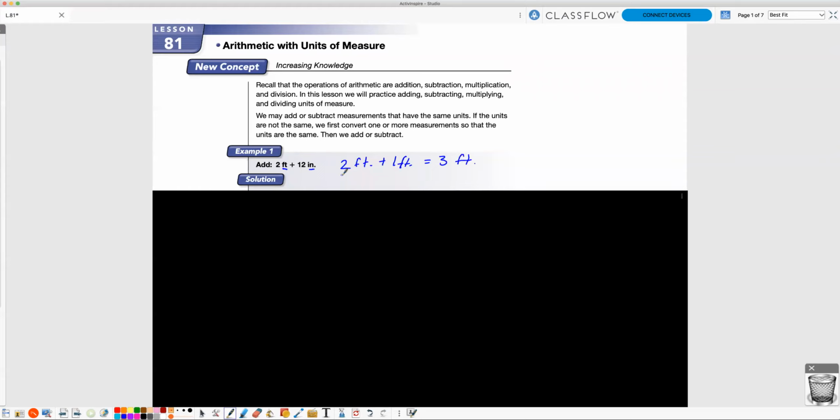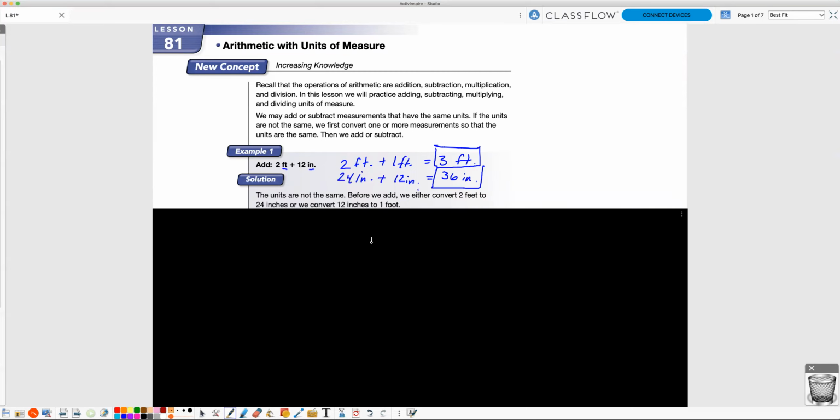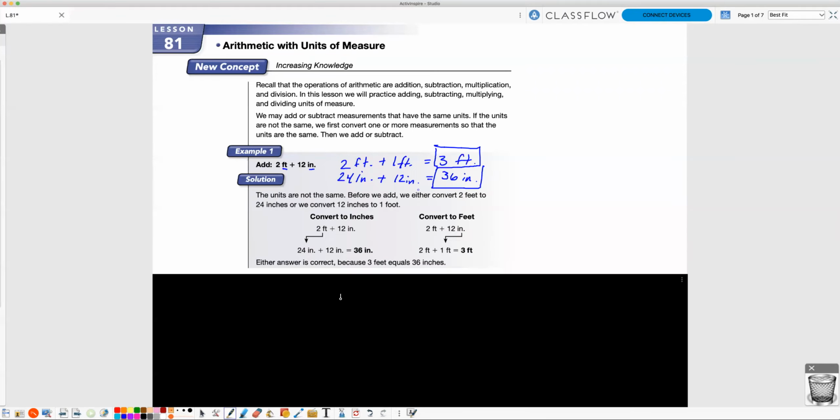Or you could have, in this case, 24 inches, because that's what 2 feet is, plus 12 inches if you left it in inches, and that would be the same as 36 inches. And you should notice that 3 feet and 36 inches are identical to each other. So you get the same answer regardless of whichever you choose to convert. So 3 feet or 36 inches would be fine.